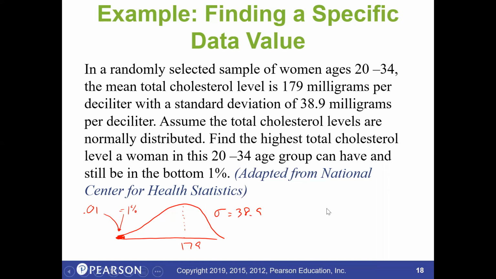So we go 88 milligrams per deciliter. If she has that, she's still in the bottom 1%. Okay, and we are done. Right on.